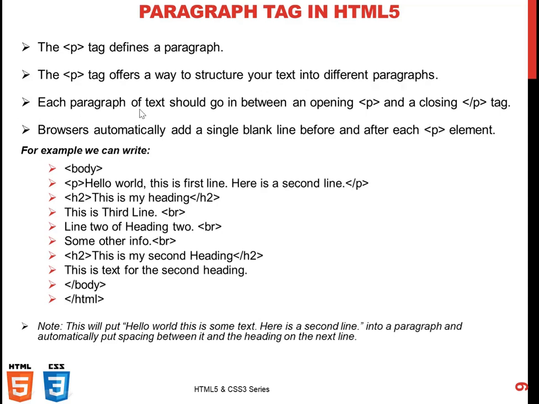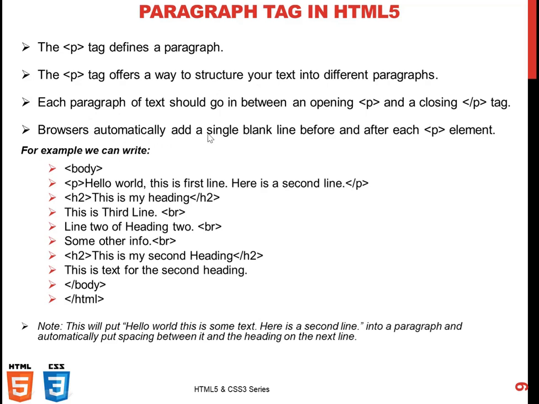Each paragraph of text should go in between an opening p tag and a closing p tag. So whatever we are writing to be created as a paragraph should actually go inside these two tags.